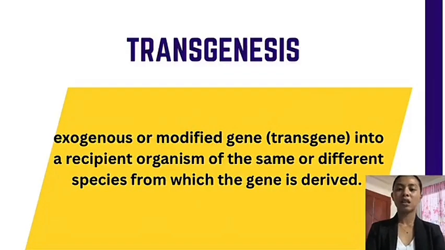So, transgenesis refers to the process of introducing exogenous or modified genes, or transgenes, into a recipient organism of the same or different species from which the gene is derived. The transgenes become incorporated into the genome of the host organism and can be transmitted to the offspring.